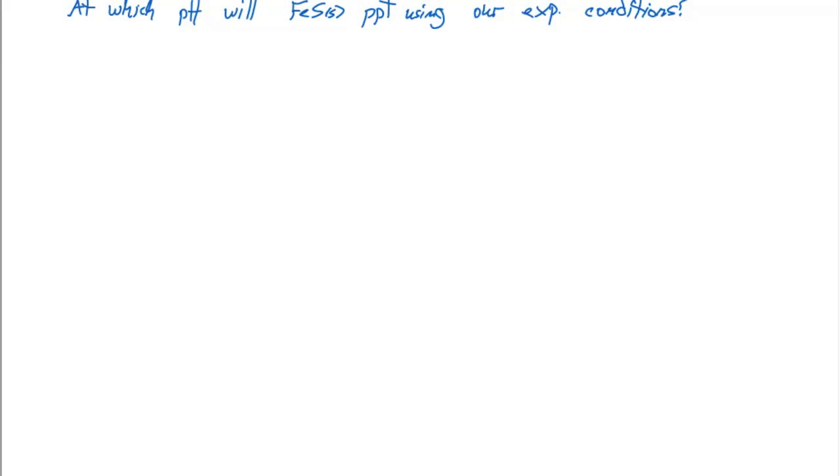So our Q expression can be set equal to the Ksp, which is going to be 6 times 10 to the minus 19. That's going to equal the concentration of the Fe2+ times the concentration of the HS- times the concentration of the OH-. And remember, if we want Q to be greater than K, we want these concentrations to be increased.